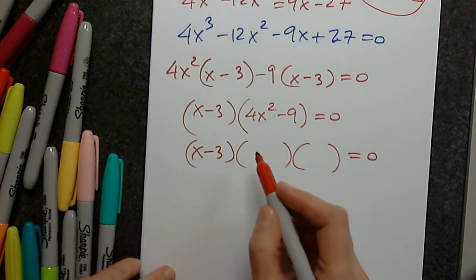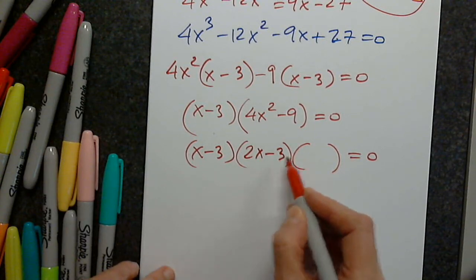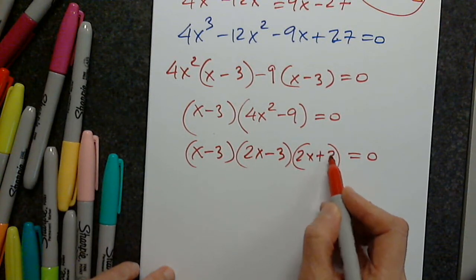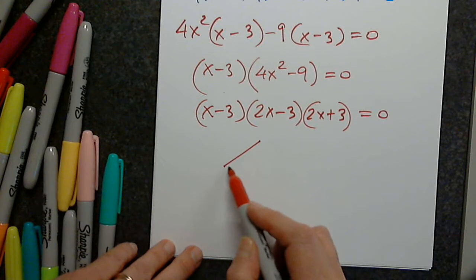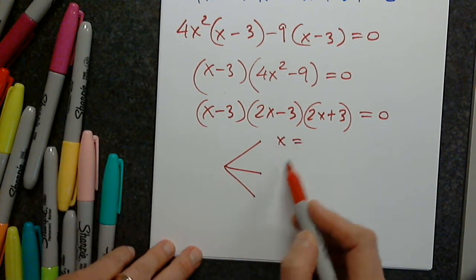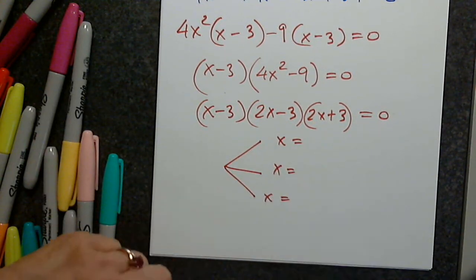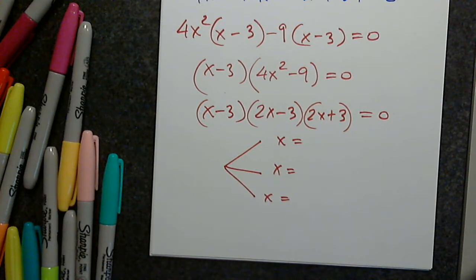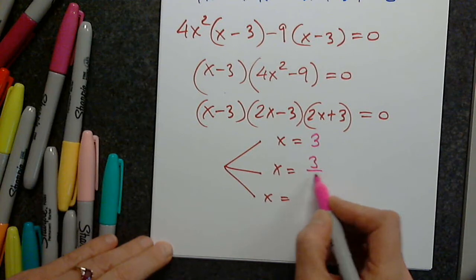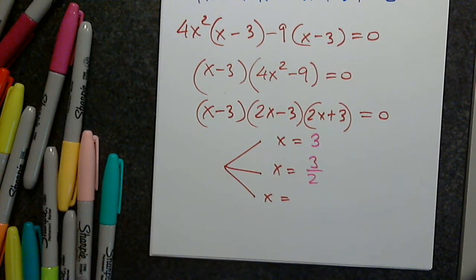How will you factor it? 2x minus 3, 2x plus 3. Awesome. So now I'm expecting from you 3 solutions. The first solution is? Very good. Awesome. Second solution is? Excellent. Well done. And the last solution?